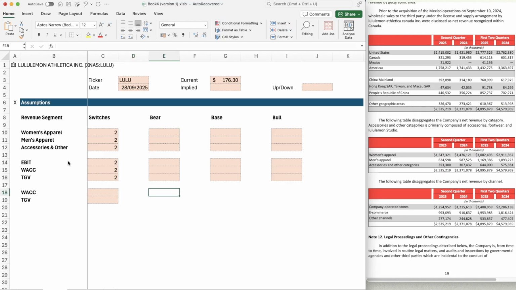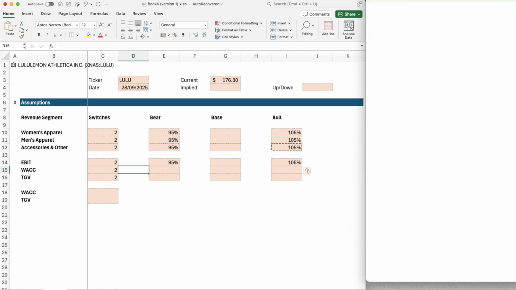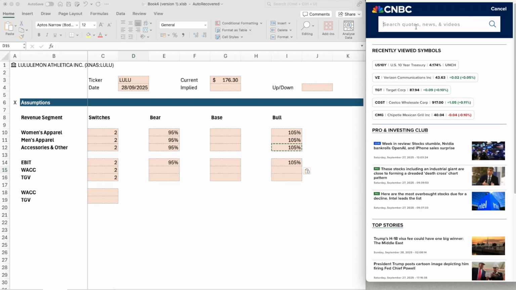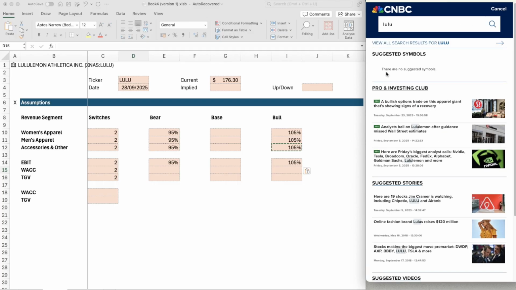Go. Looks good. And in the bear, we're going to put, say, 95%. Even though, if you look at previous earnings reports, it hasn't been pretty for Lululemon. I'll just show you the chart. I remember a few years ago, the share price was significantly higher.